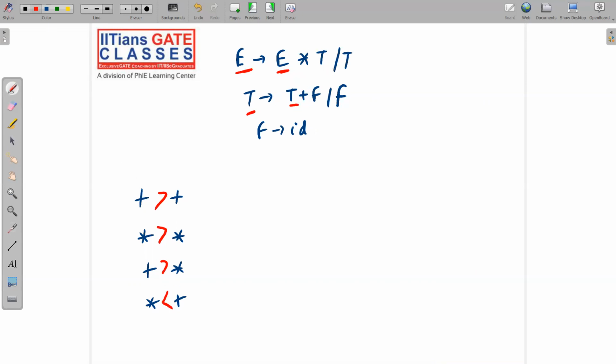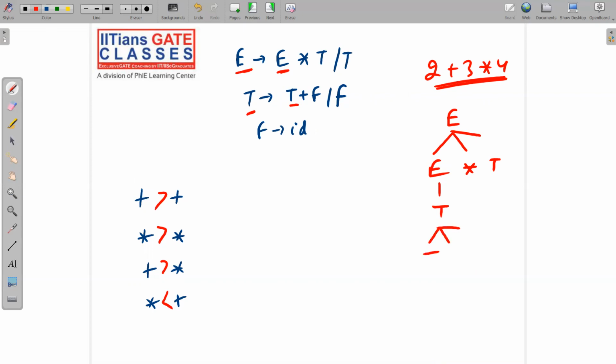If you are having any doubt, then let me clear this for you. See, if I write 2 plus 3 star 4, what will be done first? See here carefully. E goes to, see, we have 1 plus and 1 star. So obviously, you have to blindly apply E star T. There is no way out. Now, we need a plus. So E goes to T and T goes to T plus F. And this T goes to F and F goes to ID. This F goes to ID. T goes to F and this F goes to ID.